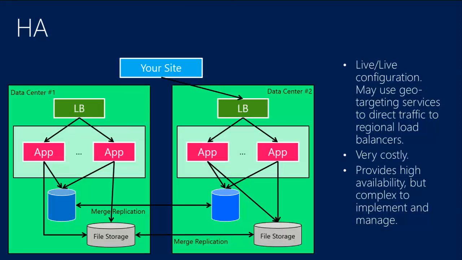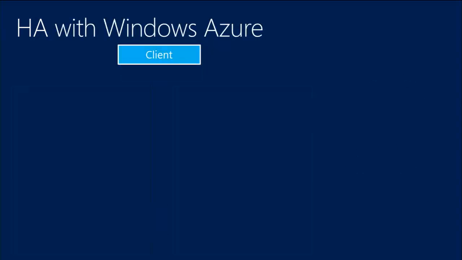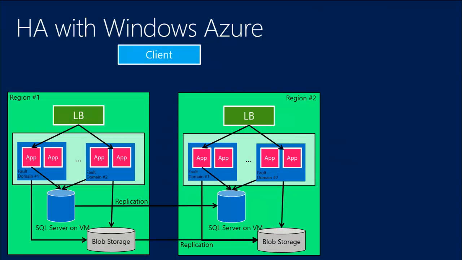So if I think from a Windows Azure perspective, what I would use is Traffic Manager and replication. In this case, check that I'm not using SQL Database. I'm using SQL Server inside a VM. The reason is SQL Server 2012 has a feature called Always On. Have you used it?